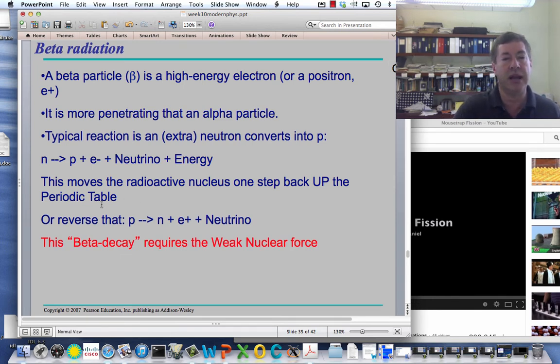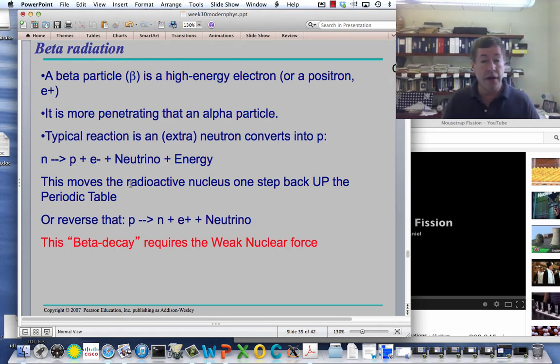But this beta decay reaction does the opposite. It moves the decaying nucleus back up one step in the periodic table, because it previously had a neutron. Now it finds that it has an extra proton. That's right. So it's gone one step up in the atomic periodic table.